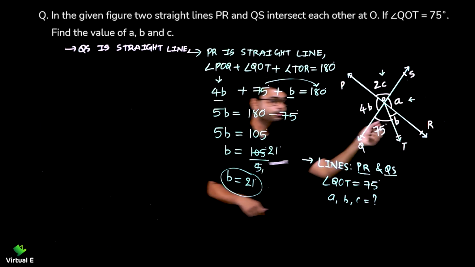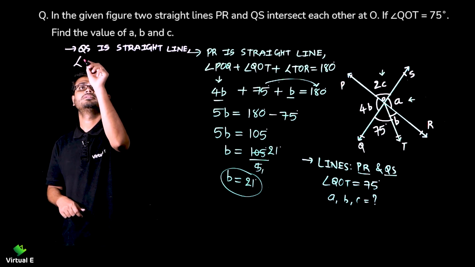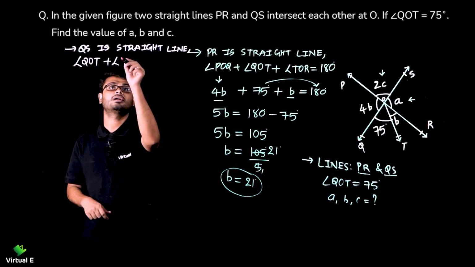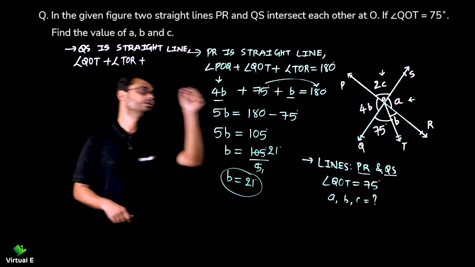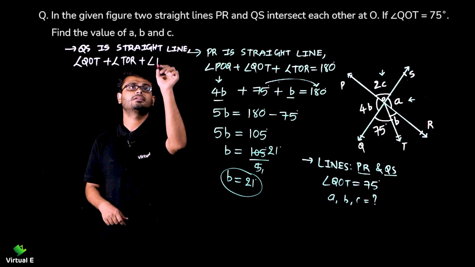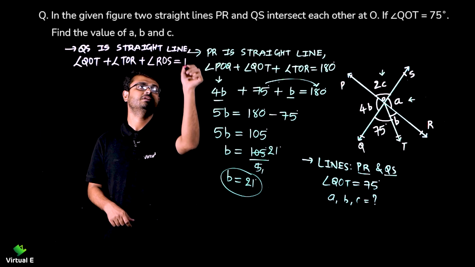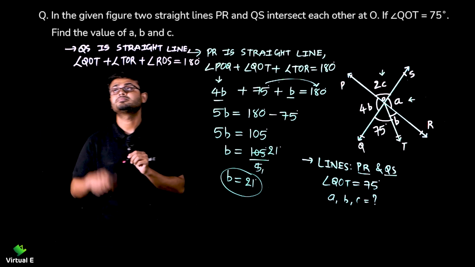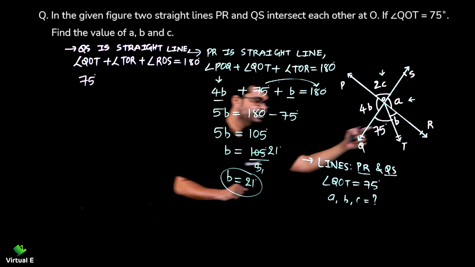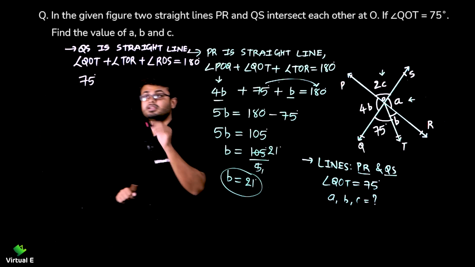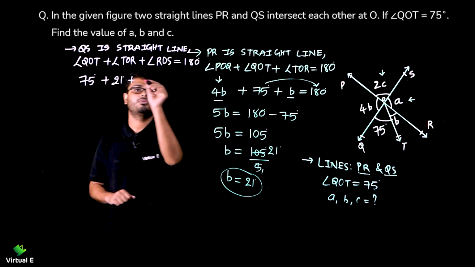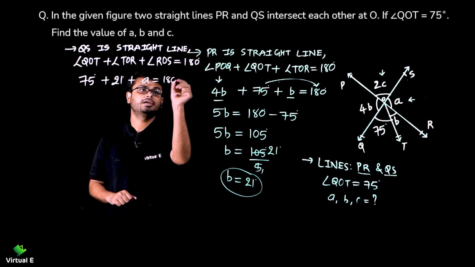Angle QOT plus angle TOR plus angle ROS, angle ROS is equal to 180 degrees. So QOT we have 75 and angle B is there. So B value is what? 21. Please substitute that here. So 21 plus A over here is equal to 180 degrees.